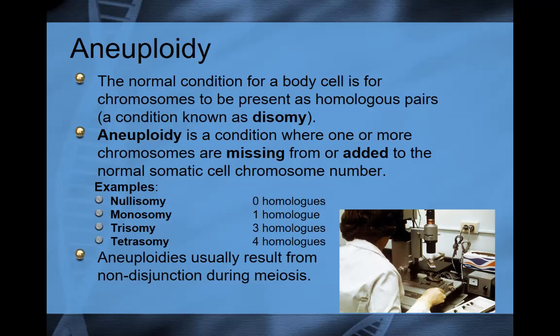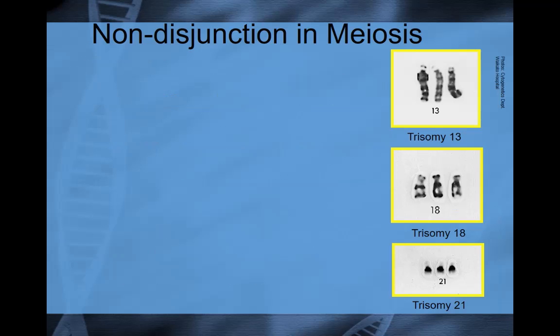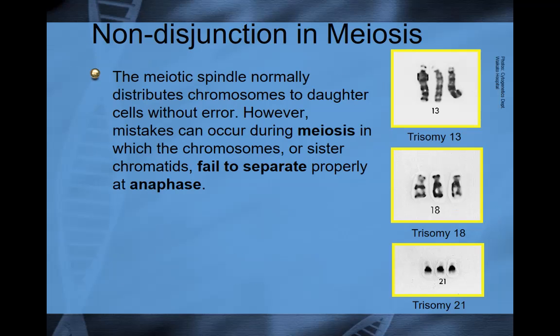So let's give you some examples of non-disjunction. Now, what happens, if you remember your notes from last class, in meiosis is that the spindle is going to separate the homologous pairs in anaphase 1, or it's going to separate the chromatids in anaphase 2. However, sometimes these processes don't occur as you would expect them to.